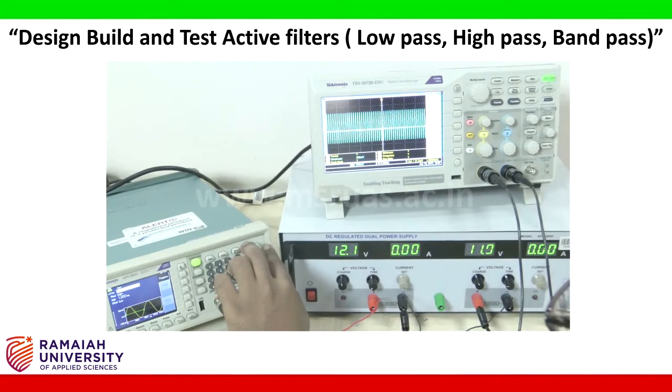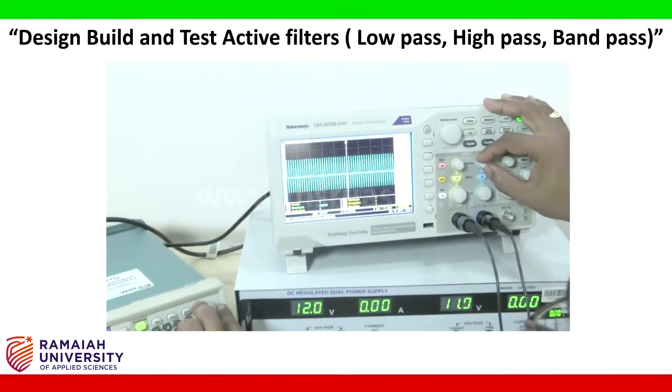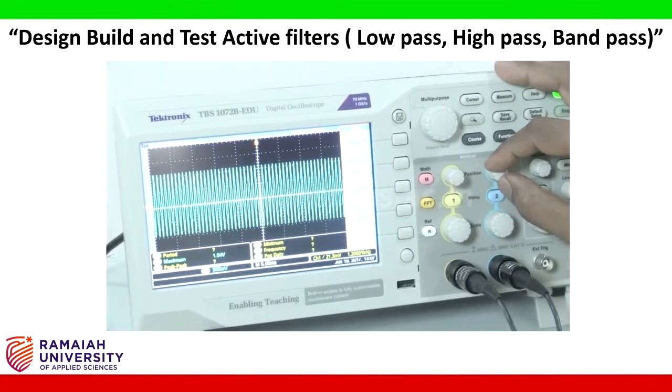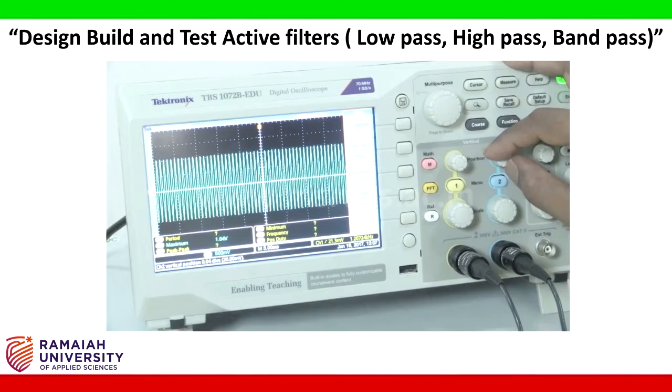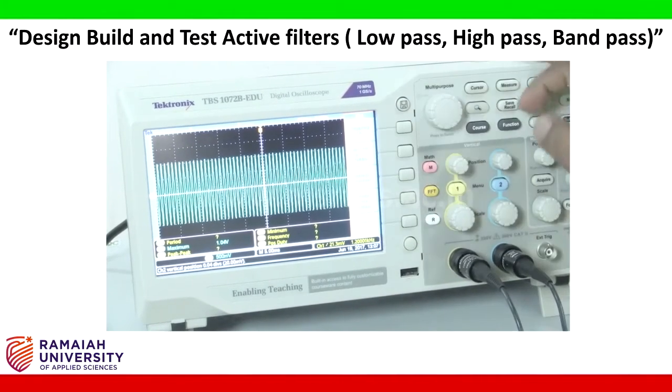Later on I will increment to 1.1 kilohertz. It gives 2.4 volt peak to peak. 1.2, it will give 4 volt peak to peak.